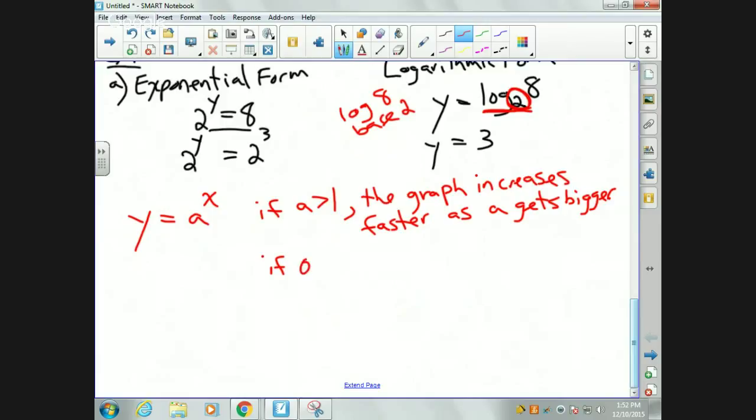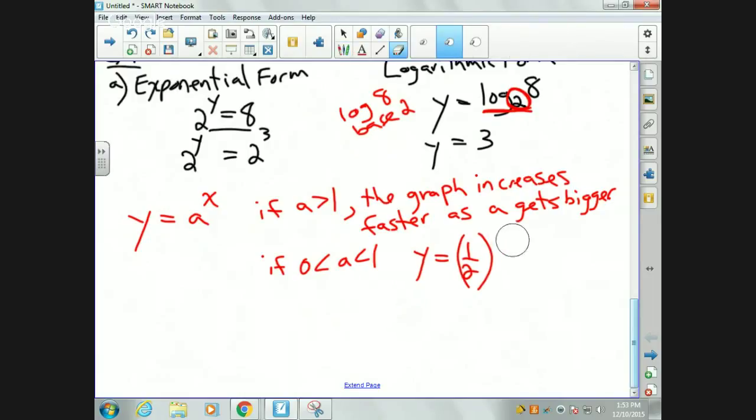Now, what happens if a is between 0 and 1? So, for instance, y equals 1/2 to the x. Sure, the graph's going to look like this instead.